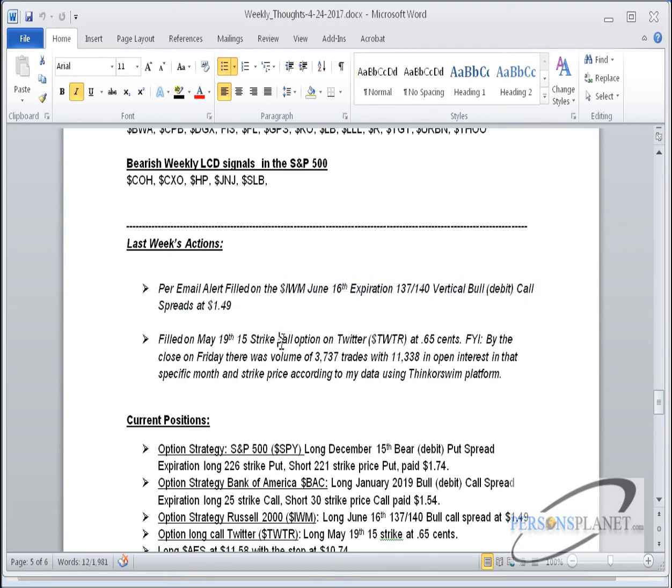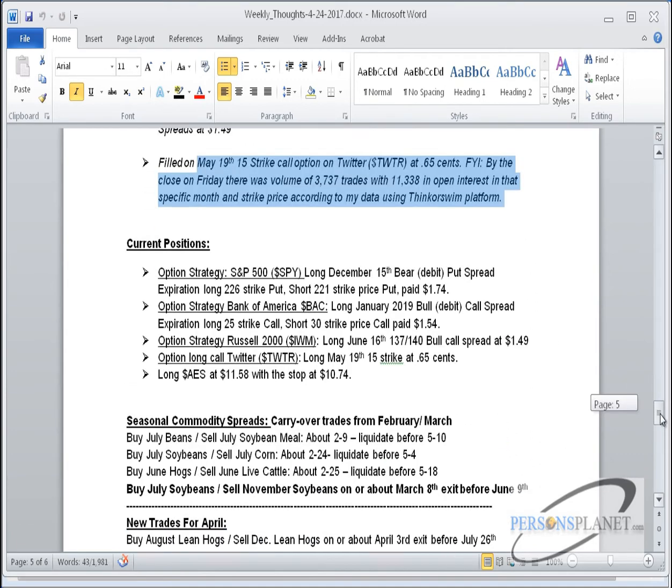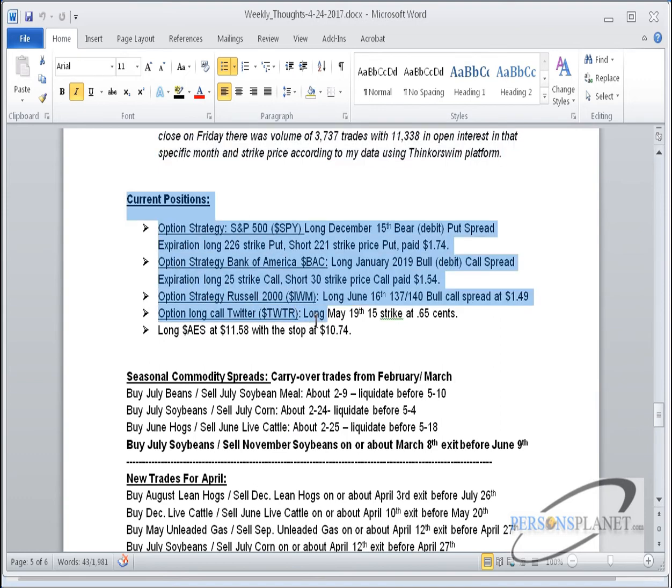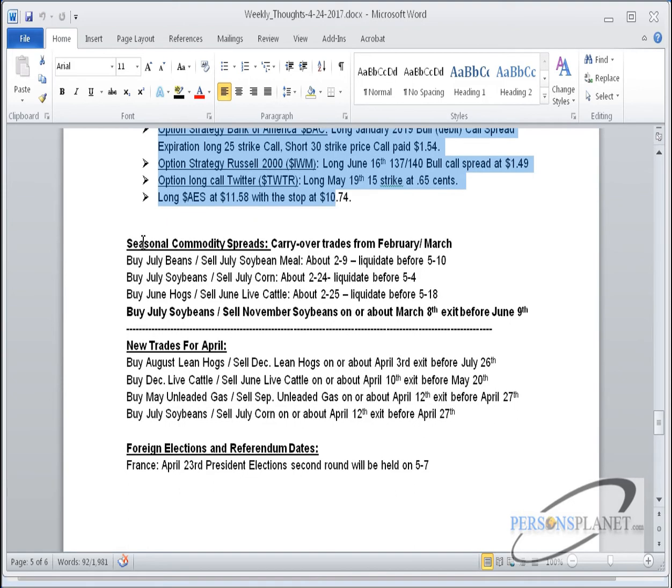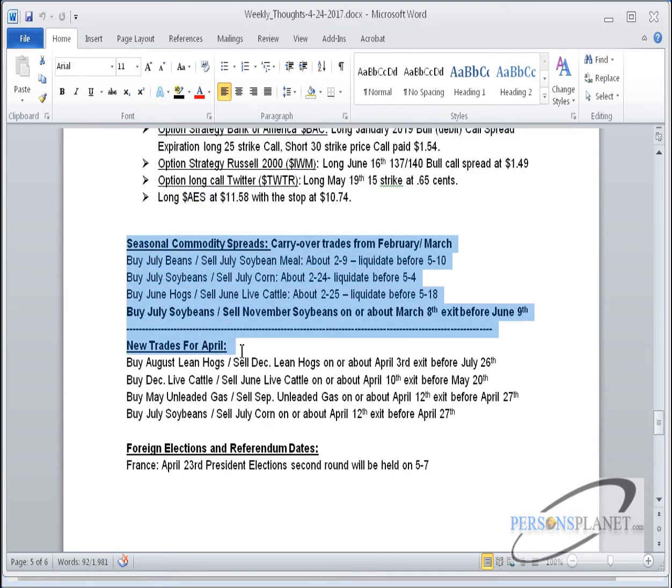We were also filled, from an email alert, on a position in Twitter. In an earnings play, we were looking directional on Twitter, buying the 15 strike May 19 expiration, which worked out beautifully. We give our current positions, what we're in, and of course we give out something that's very unusual that most people don't really look at, which is seasonal commodity spreads.